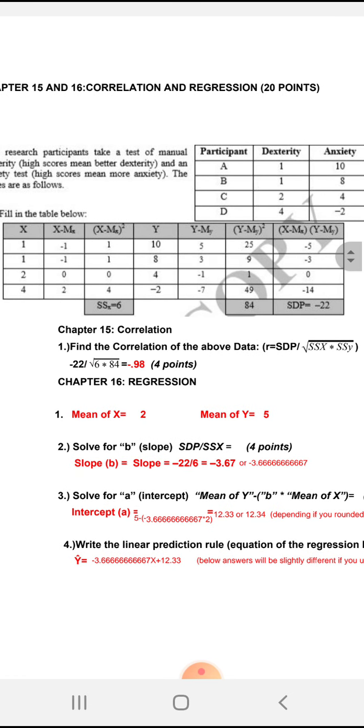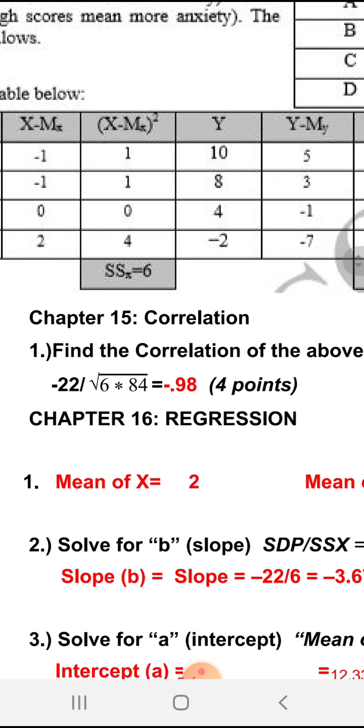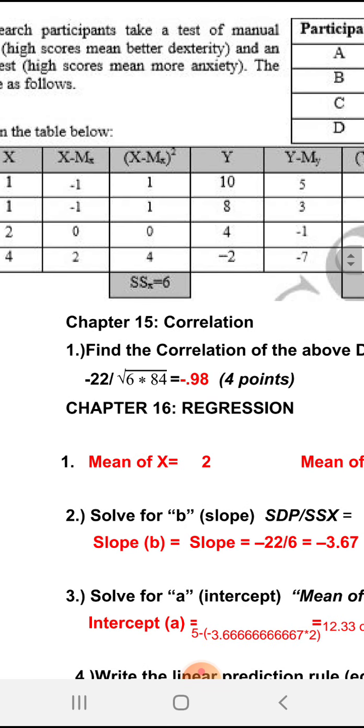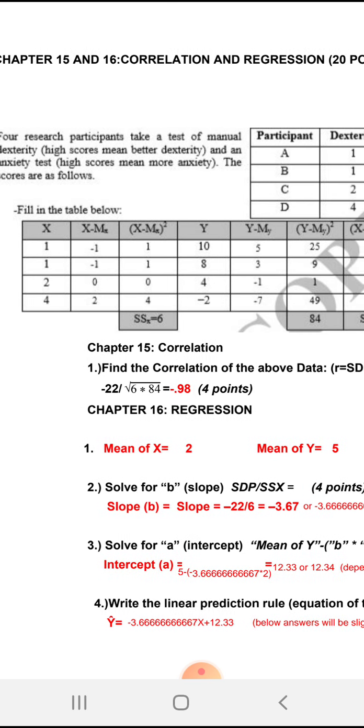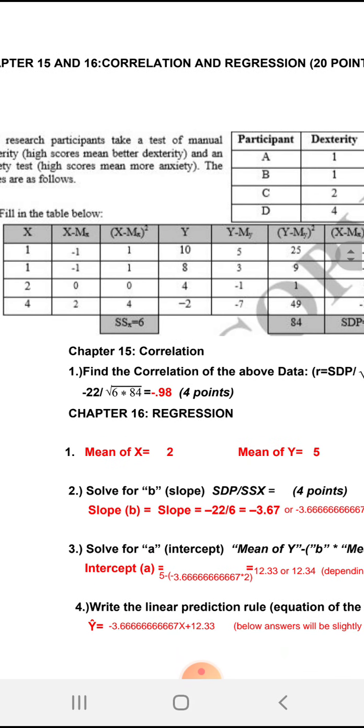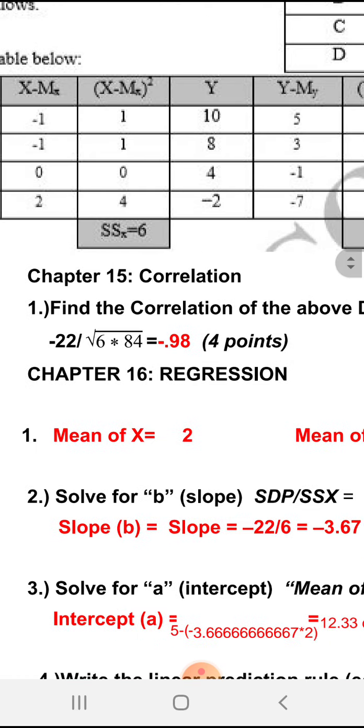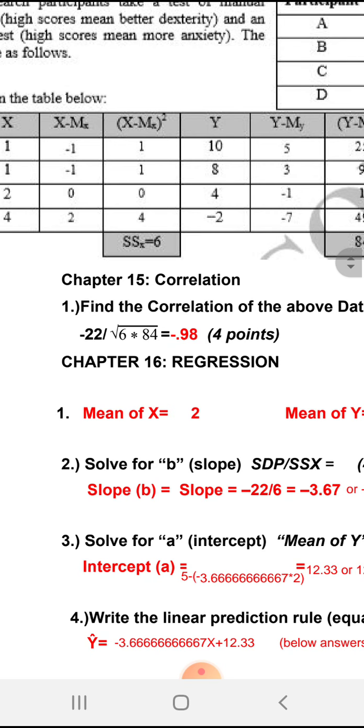If you do that here, it's -22 divided by the square root of 6 times 84, which equals -0.98. -0.98 represents a very strong negative correlation, meaning when one variable goes up, the other variable goes down. So that's all you're going to be asked for chapter 15.